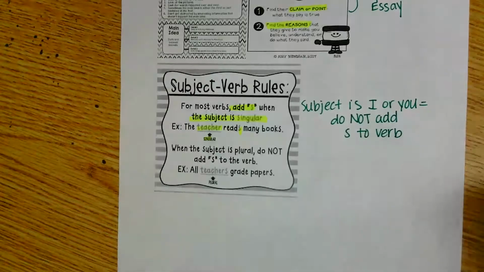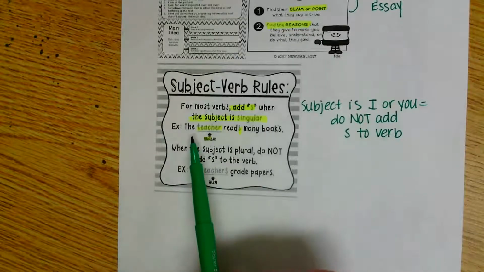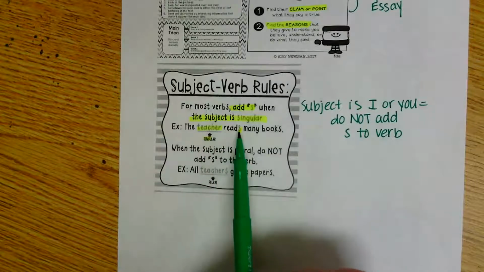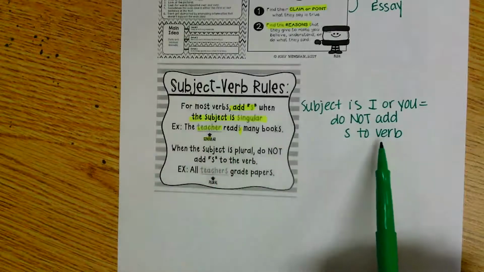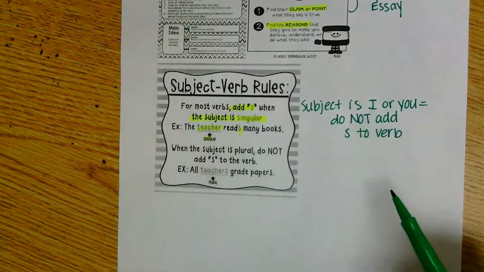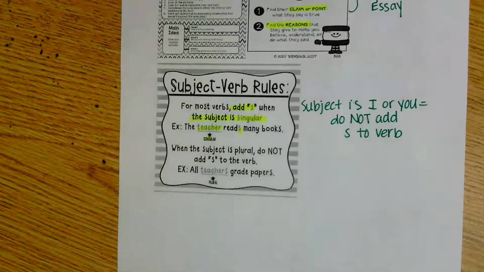And again, with subject-verb agreement, if you read the sentence out loud to yourself, you're going to hear if the subject and the verb agree, if they go together. Because if you were to read this sentence and say the teacher read many books, well, you can hear that that does not sound correct. So you know that you need to add an S. But with this exception to the rule, if you were to say I reads many books, again, saying it out loud, you hear that it doesn't sound correct.